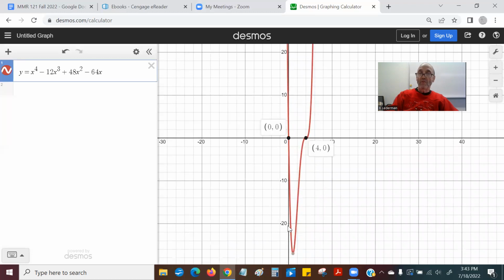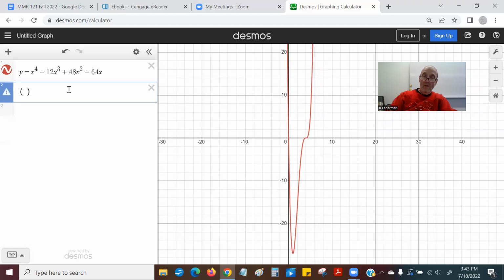That's a point of inflection. Desmos doesn't really show you points of inflection, but there is a point of inflection when x equals 2 and y equals negative 27. I'm just going to put in a point, 2 comma negative 27. That's what I should have done before.